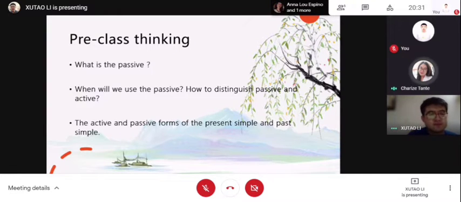It adds meaning to the main verb in a sentence by expressing possibility, information, or ideas. That was our previous lesson, sir.